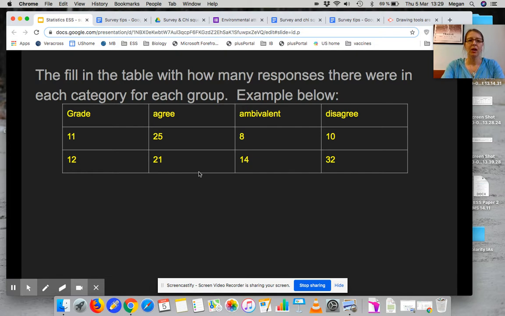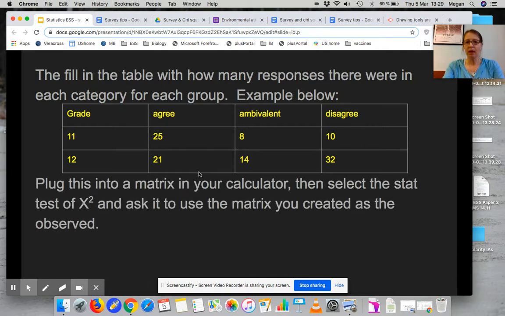Okay, so we have all this, but what does that mean, and how do we actually answer our research question, which is, if you're in 11th or 12th grade, is that going to impact how you respond to this survey or not? Is it going to be the same, or doesn't it matter? We do that by running a chi-squared test.